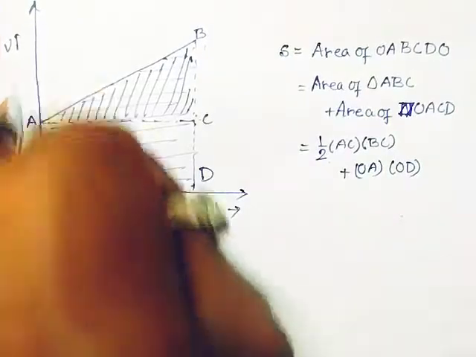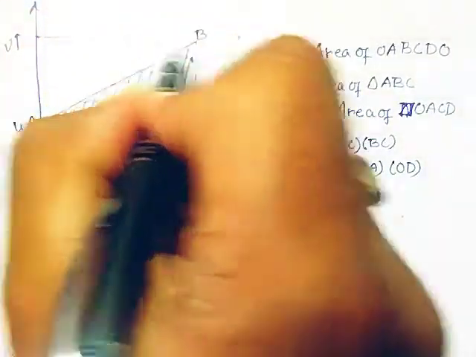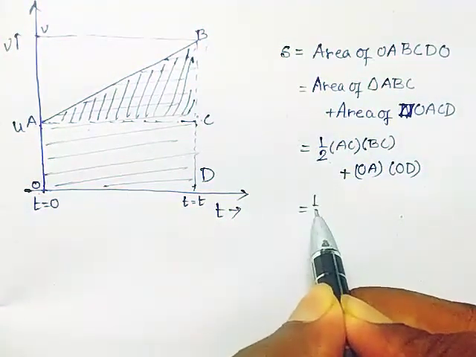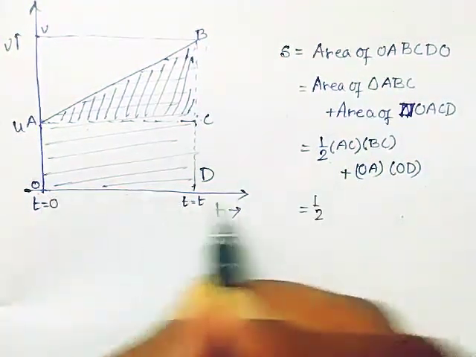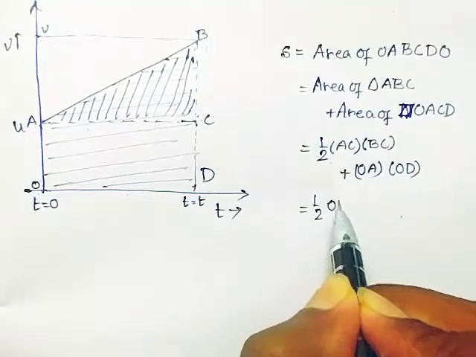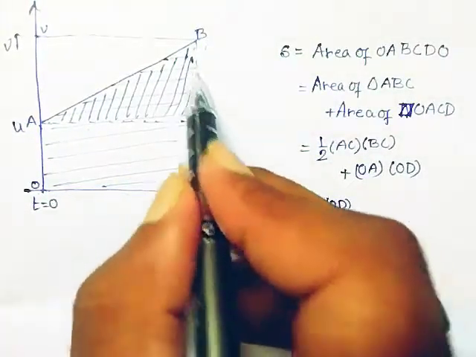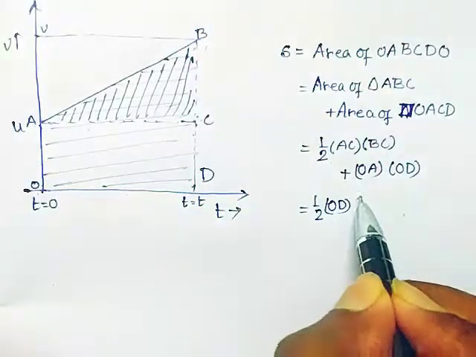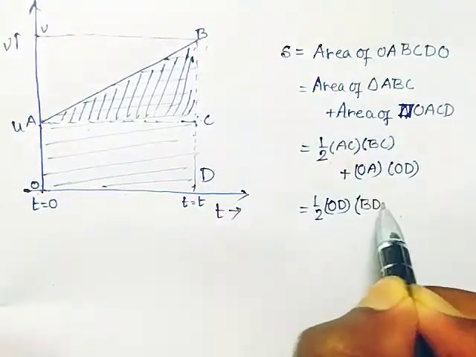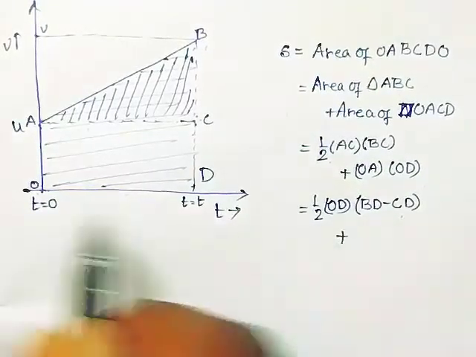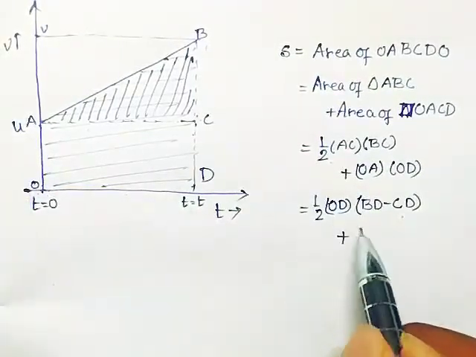Obviously it is the U and it is the V. If I want to find AC, then AC is equal to OD. If I want to calculate BC, then BC is equal to BD minus CD. What is OA? OA is this thing and OD is this thing.